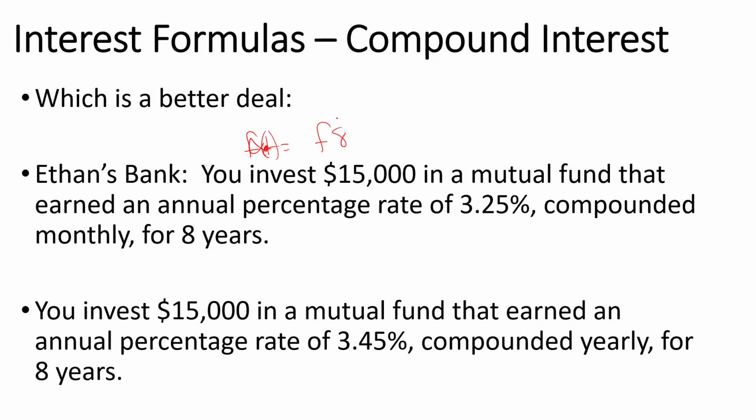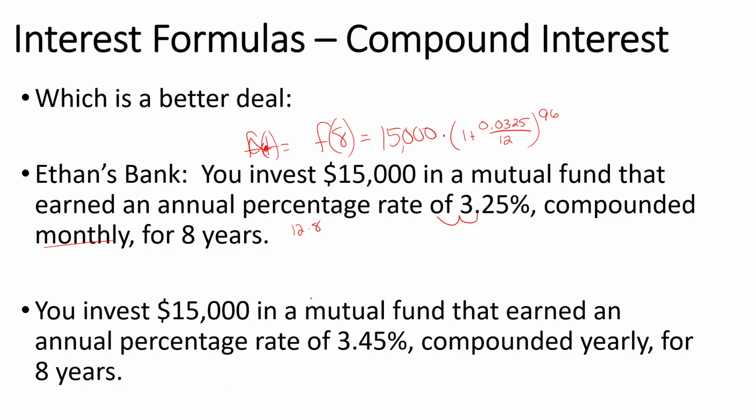F of 8, because we know the value of t, is equal to 15,000 times 1 plus, let's move our decimal over 2 places, 0.0325 divided by, we are compounded monthly, so we're dividing by 12, raised to the 12 times 8. All right, which again is 96.